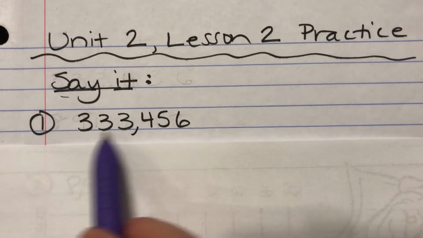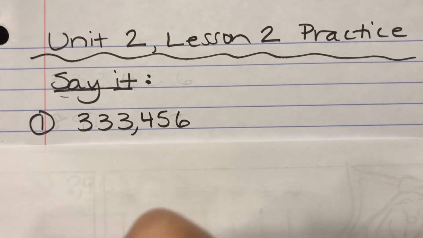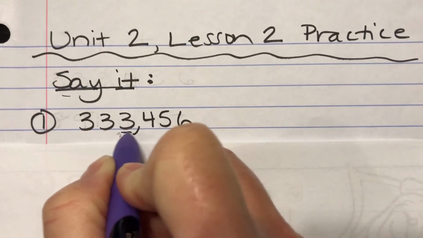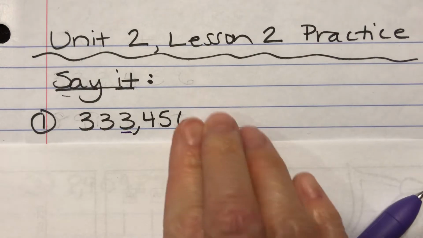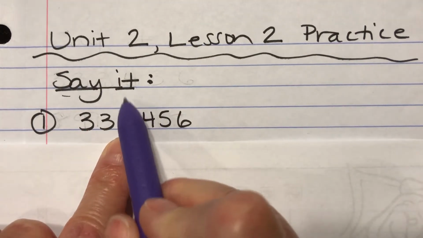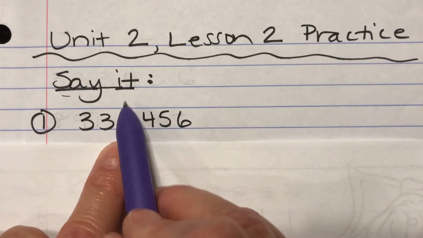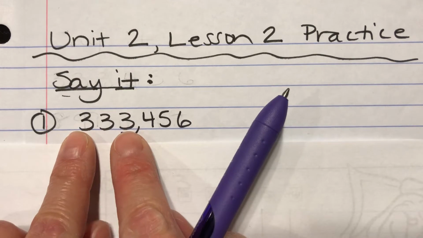All right, so in this, I see that there's a comma right here. So the number right in front of the comma tells me what place to say. So I would read this chunk as 333,456. This 3 is in the thousands place, so this would be 333,456.